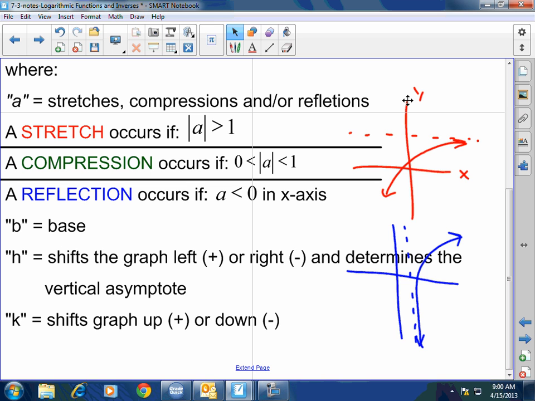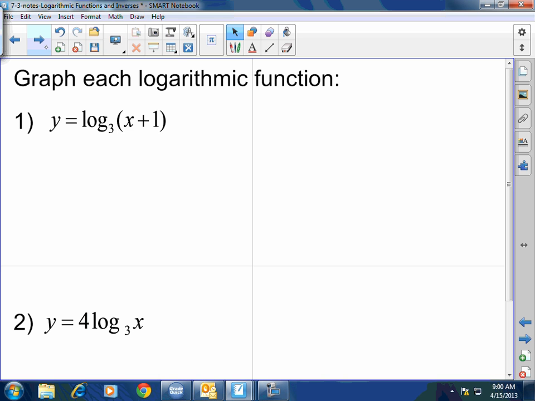I was looking at the different procedures. I was testing it last night. And I'm going to go just like with what we did on the exponential. Let me show you what I mean. Let's say I have y equals log base 3 of x plus 1. You have a little bit of a pickle here. You cannot use your calculator to find these values.